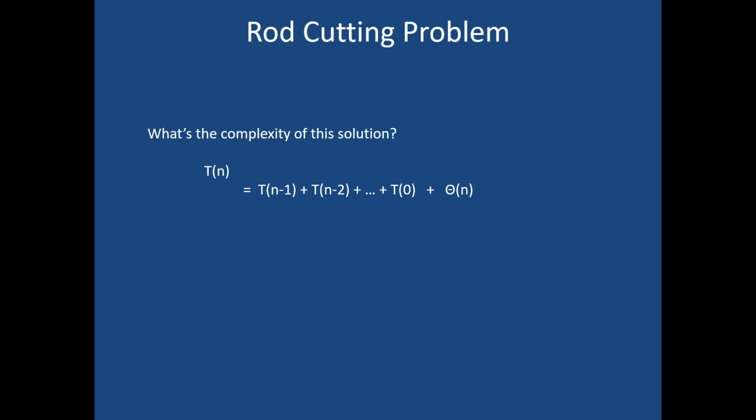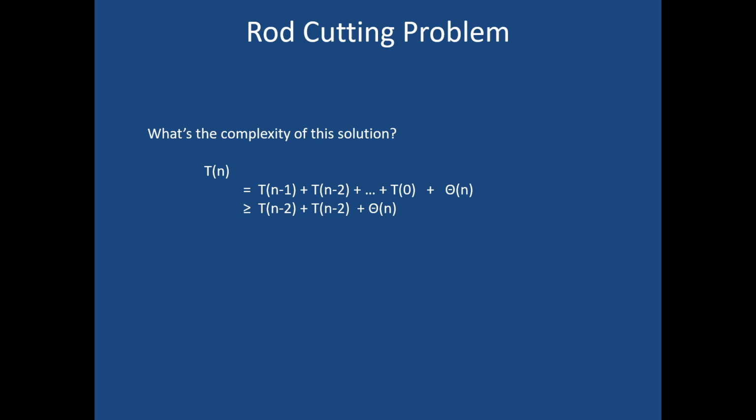Plus we've got a linear amount of overhead in the loop. So T(n) makes all these recursive calls. It's got a loop that makes n recursive calls. This one's going to make n minus 1 recursive calls, this one n minus 2. So a lot of recursive calls are happening, especially if n is large.